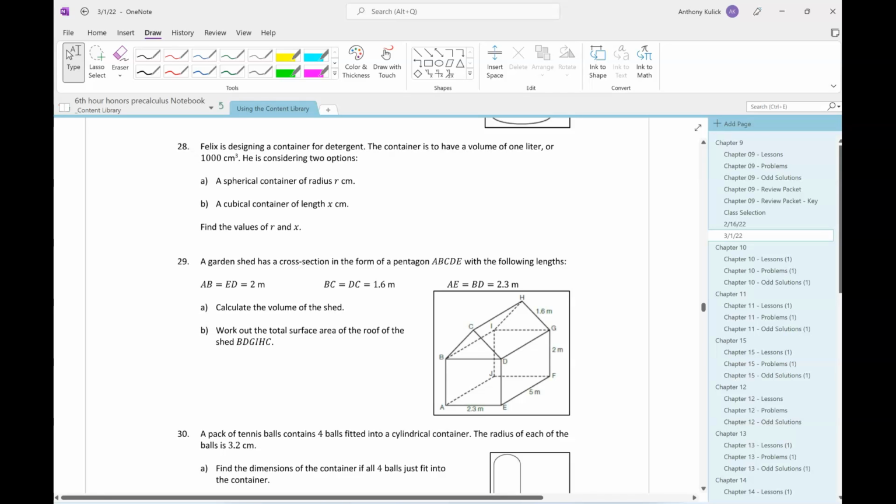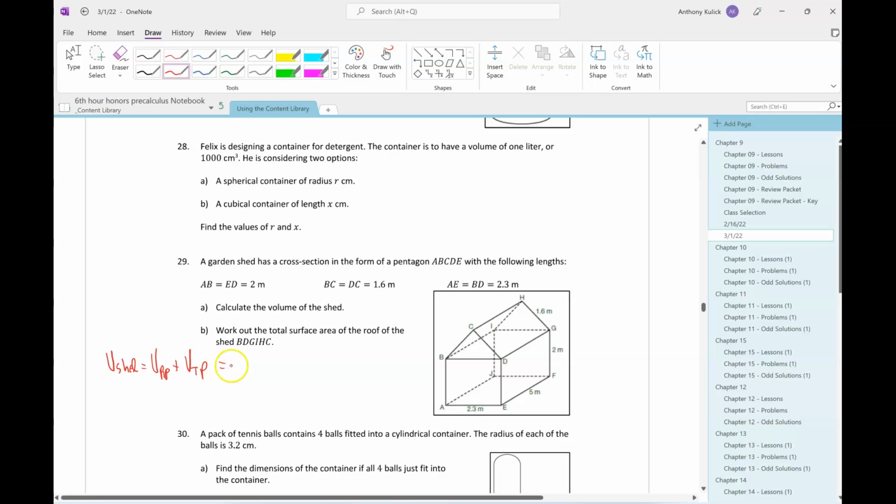Okay. So it says a garden shed has a cross section in the form of a pentagon with the following lengths. Find the volume of the shed, and then work out the total surface area of the roof. So for the volume, I'm going to do the volume of the rectangular prism on the bottom plus the volume of the triangular prism up top.